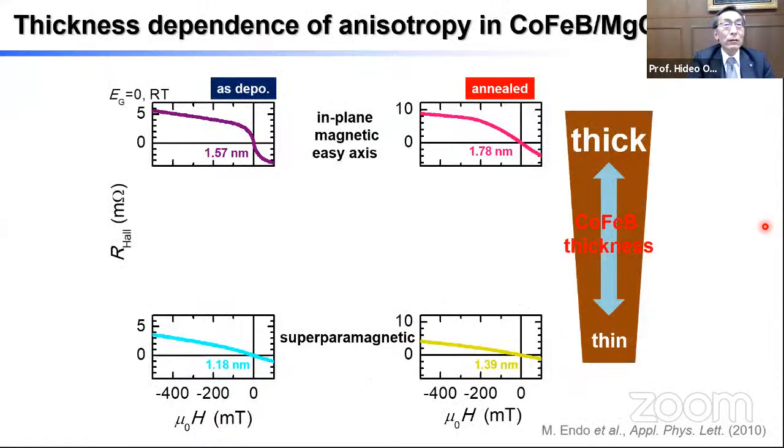And naturally, we wanted to do the same thing with a metallic system, although in metals, the electron concentration is so high that usually applying an electric field doesn't give you much of a change. But very fortunately, in our case, we observed a significant change of magnetic anisotropy, the energy landscape that determines the direction of magnetization.